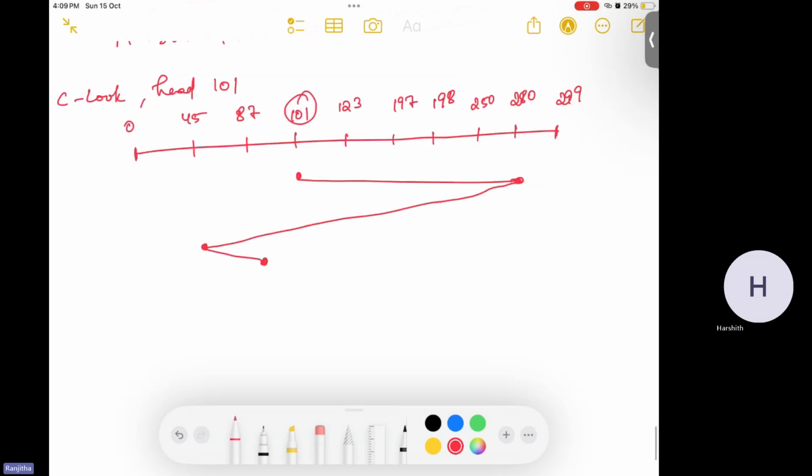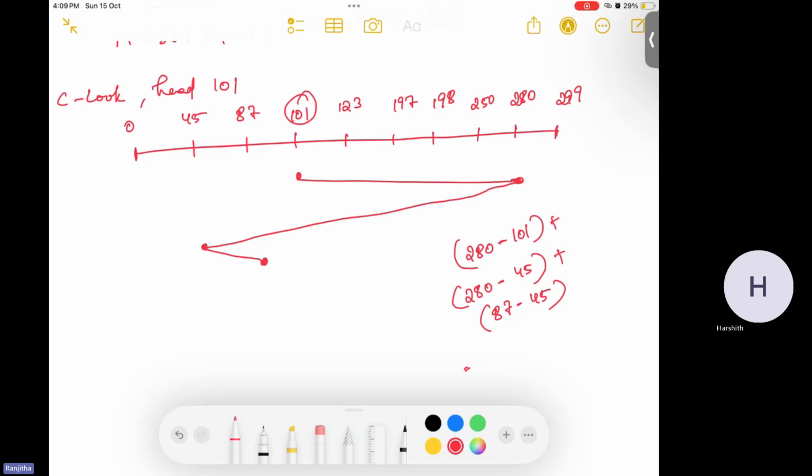So the number of head movements would be 280 minus 101, plus 280 minus 45, plus 87 minus 45.